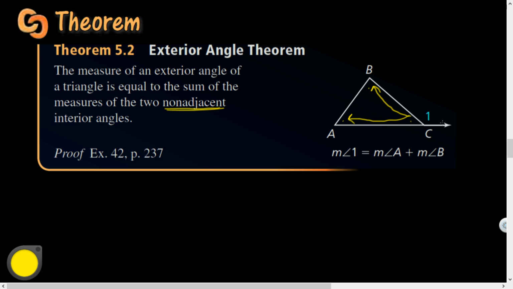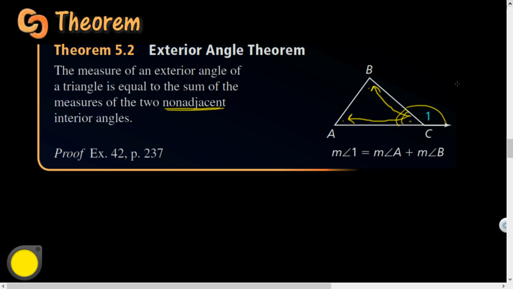What do I know about angle 1 and the interior angle C? Those add to 180. So if this adds to 180 with that angle, and these two add to 180 with that angle, then these two must equal that angle. So there's my quick explanation. I think you guys believe it. So you can kind of see the structure of the proof if we were to go from there.